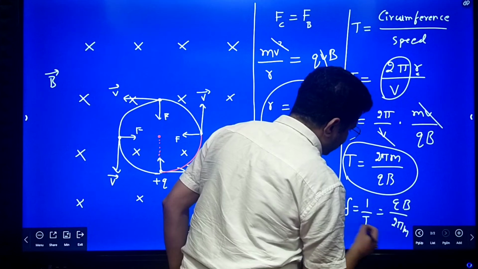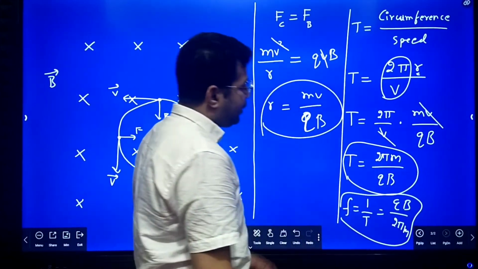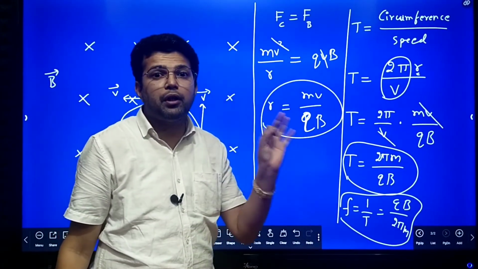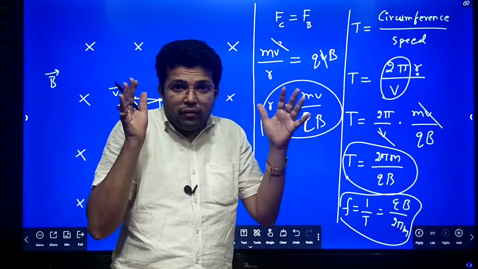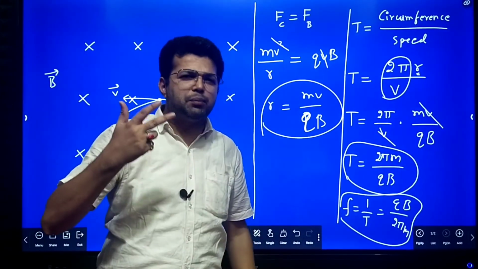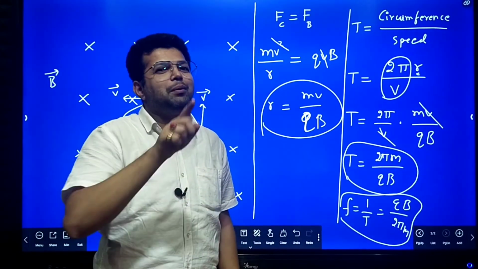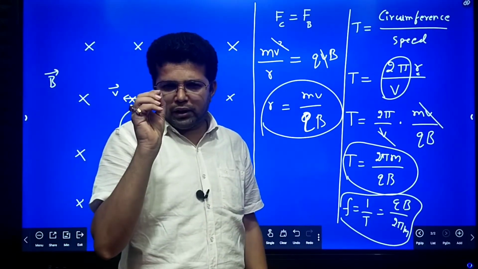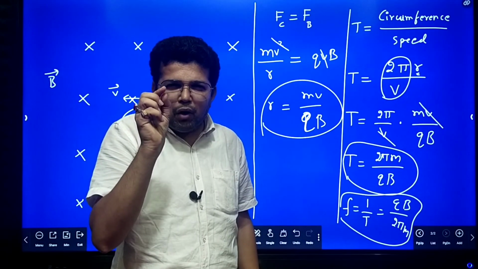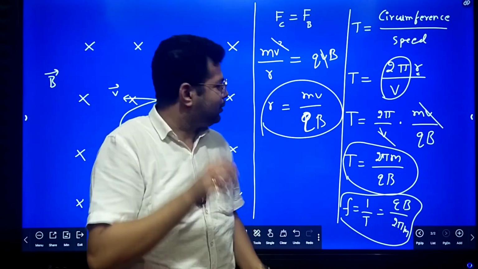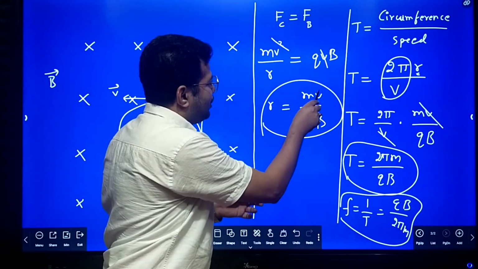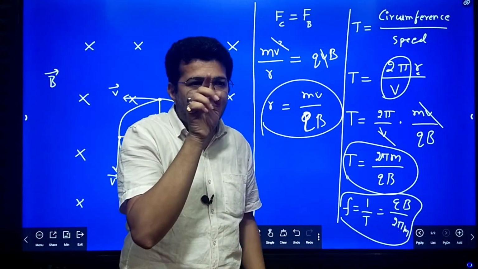What is the important thing that we have to observe here is time period of revolution of a charged particle is independent of velocity. Means in the case of a uniform magnetic field, whatever the speed with which you fire the charged particle, time required for one revolution will be same. If the velocity with which the charged particle is fired is small, then the radius will be small, but the time is same.